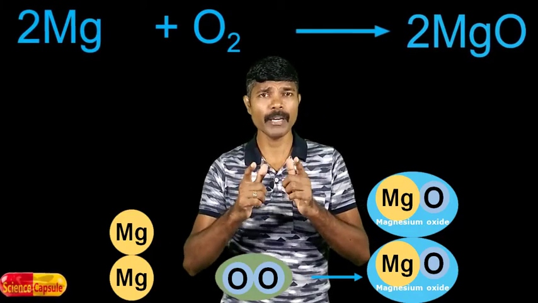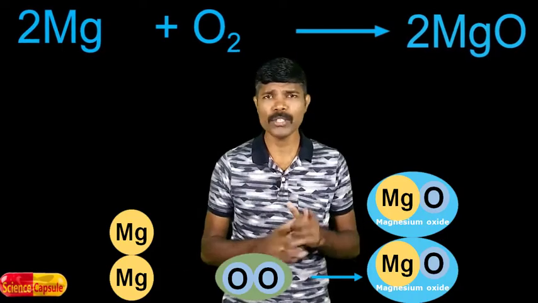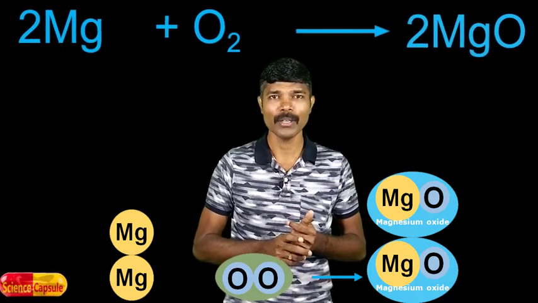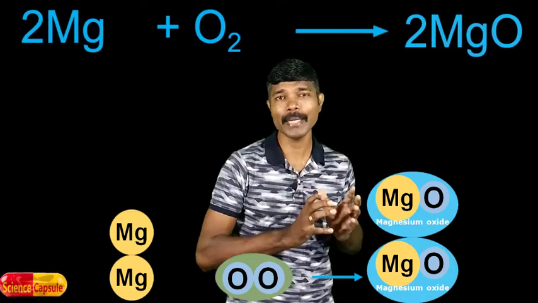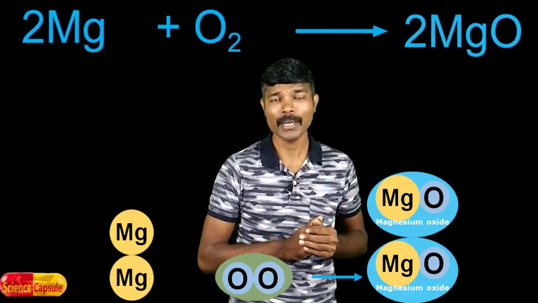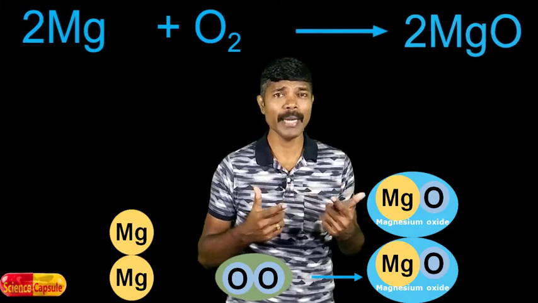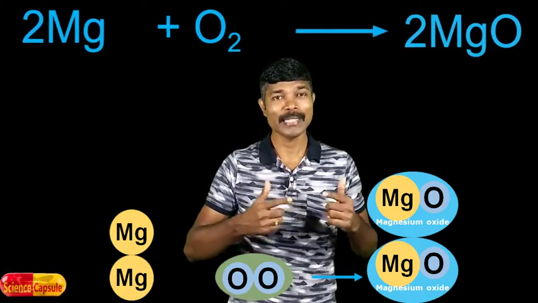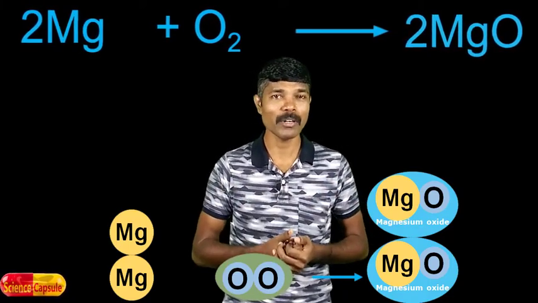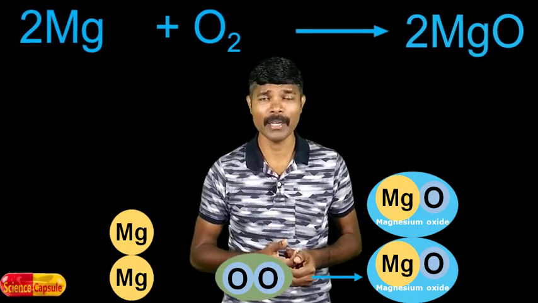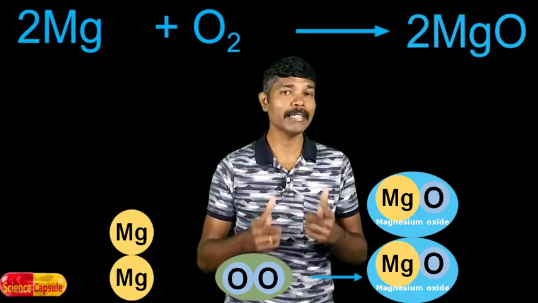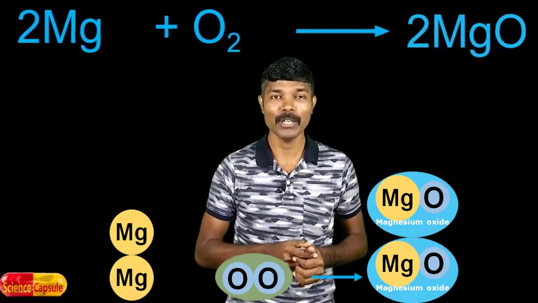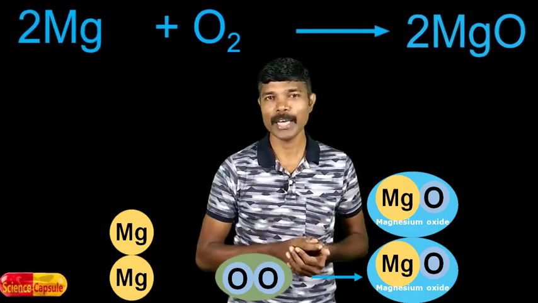If you know the chemical formula, then it is very easy to balance a chemical equation. You should not change the number of particles that are there in a chemical compound. Without disturbing it, you have to balance it. You can just increase the number of atoms or molecules taking part in the chemical equation, but you should not change the number of particles within a compound. This way, a chemical equation can be balanced.